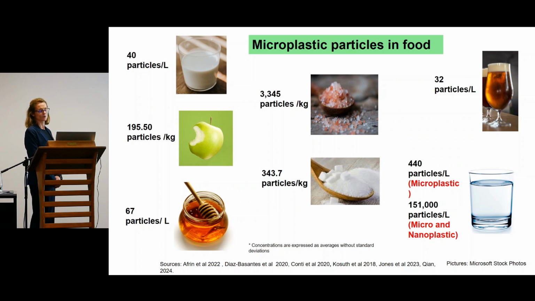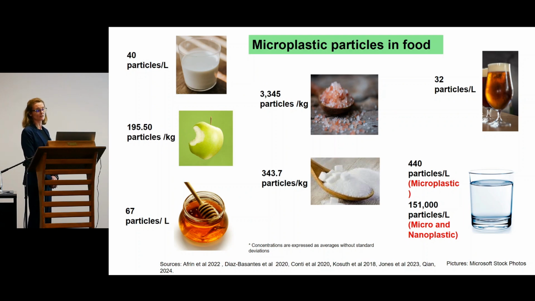Most of these studies show a lot of variation in the concentrations reported in food. For example, salt has been found to contain, in one study, 3,345 particles per kilogram. These are average concentrations.